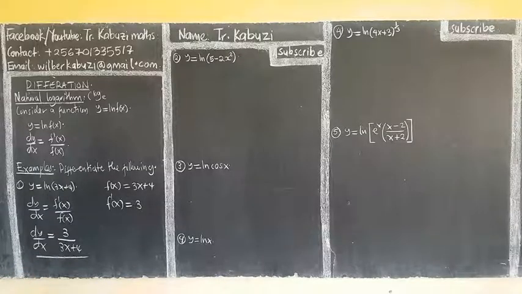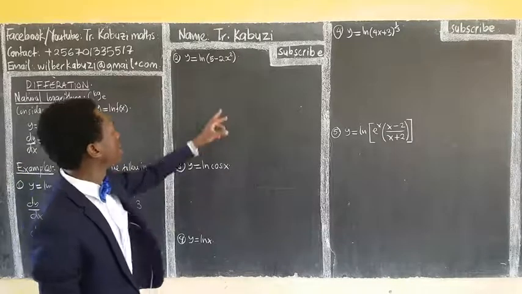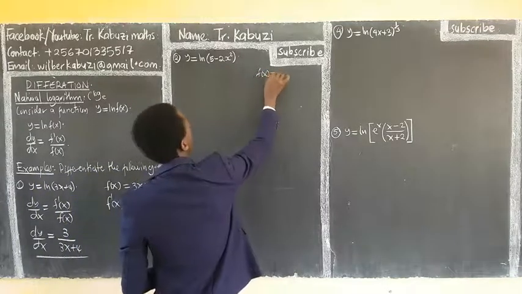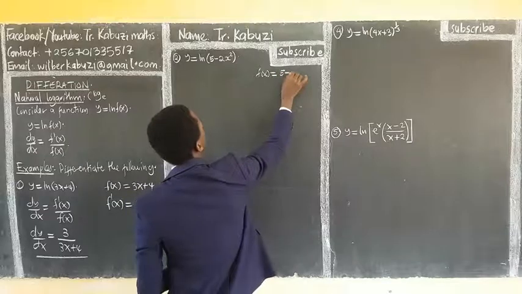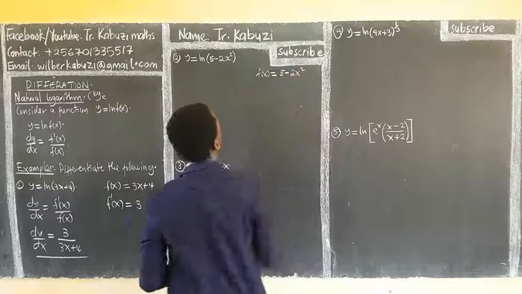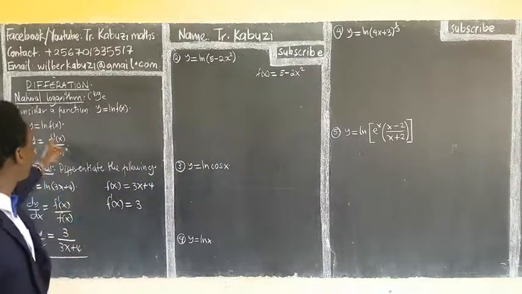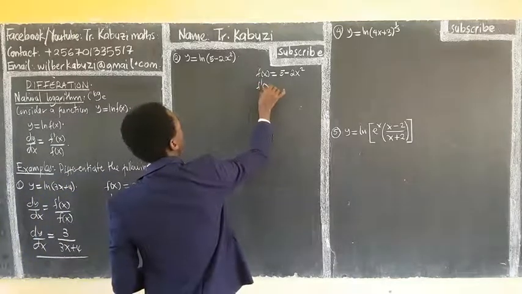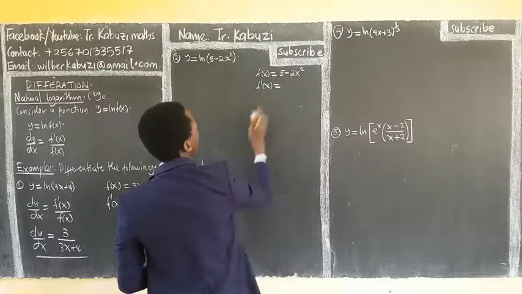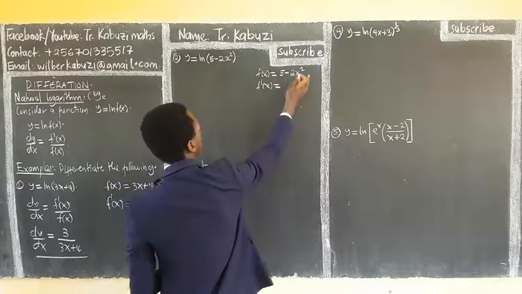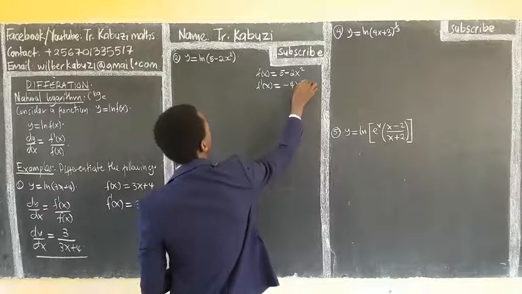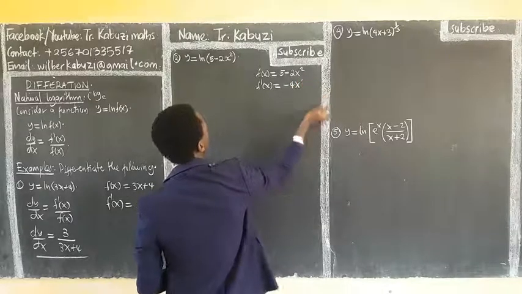Differentiate that function. When we come to this, our f of x is 5 minus 2x squared. So we need the derivative of that function. My f prime of x is going to be, when you differentiate this constant, we get 0. When you differentiate the power, multiply by the power, we get 4, and reduce that power by 1, we get that 1 there.